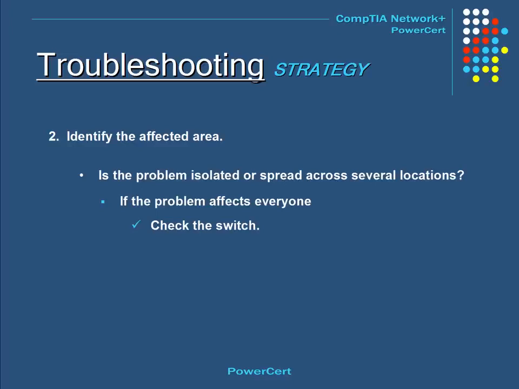And if this device was not working properly, it would affect everyone. Or what if the problem was isolated at one particular computer? Then in this case, we would not check the switch. But a good place to start is that we would check the cable and connection for that particular computer. When this step is done correctly, it will dramatically cut down on the diagnosing process and save a lot of time.